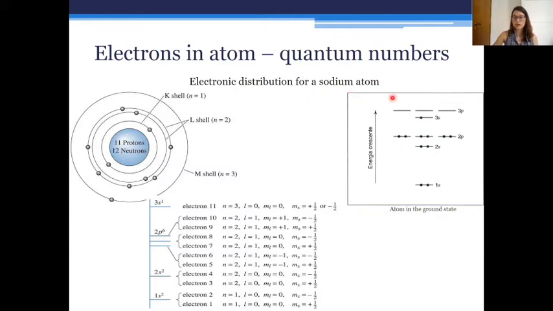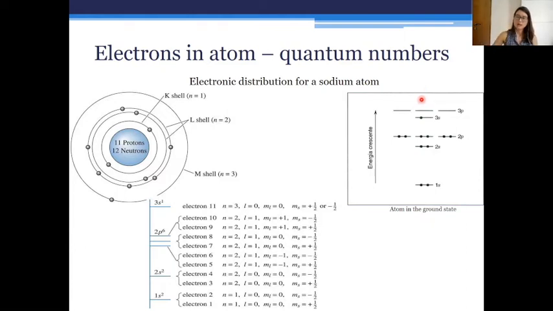So this representation is given considering the atomic number for sodium. Sodium has, in fact, 12, no, sorry, it has 11 electrons, and so we place the electrons starting from the lowest energy level, and they fill the different shells and subshells according to the number of electrons that we have, okay?